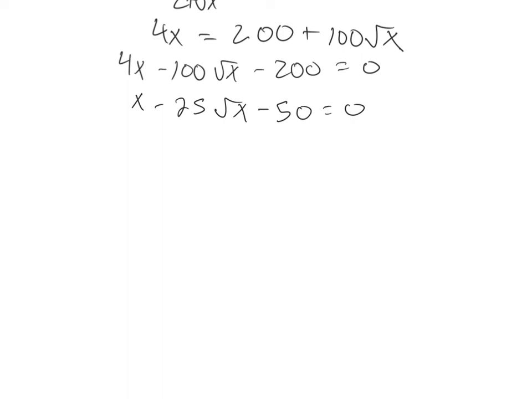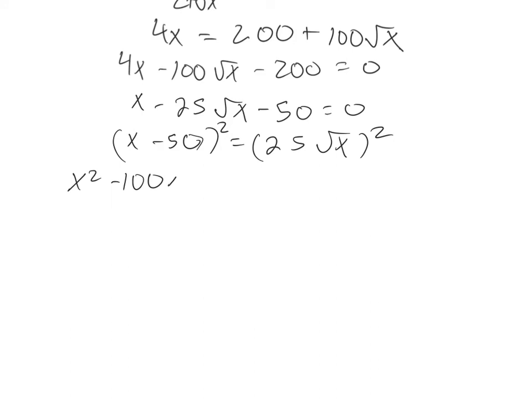I'm going to keep x to one side, and move the 25 square root of x by itself because I want to square everything. So first I'm going to square one side, square the other side. This gives me now x squared minus 100x plus 2500 equals 625x.